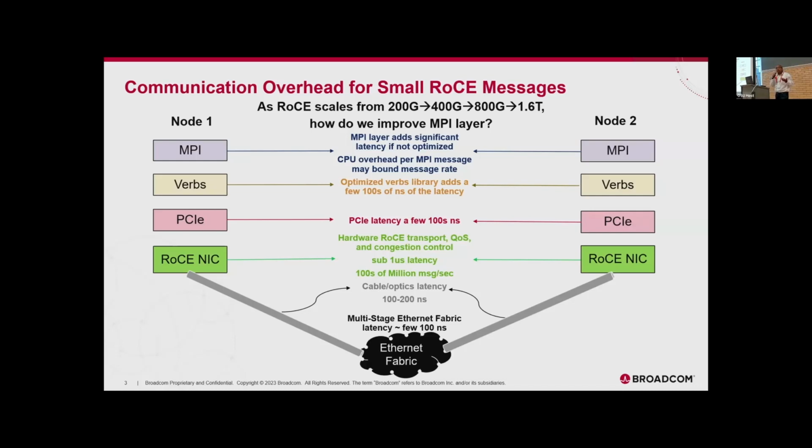Similarly, let's say the hardware is capable of sustaining 200 million messages per second. Do you have a system where the library processing does not take that many CPU cycles? As you scale the number of CPU cores, one CPU core today is not even sufficient to get to a few million messages per second. So anyway, people are using multiple cores.